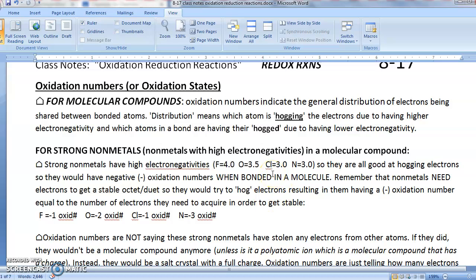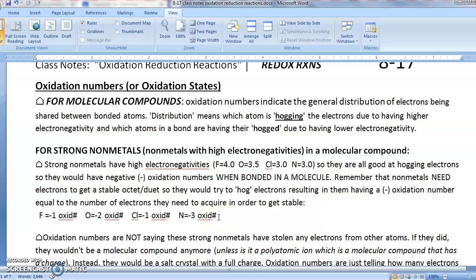The next two strongest are chlorine and nitrogen. Chlorine only needs 1 electron. It's in family Roman 7, so it would have an oxidation number of -1. Nitrogen, being 3.0, the third strongest, needs 3 electrons since it's in family 5. It would be a -3 oxidation number.